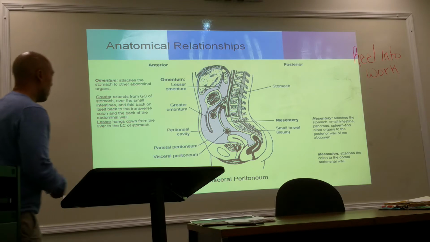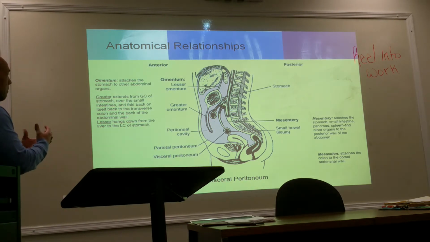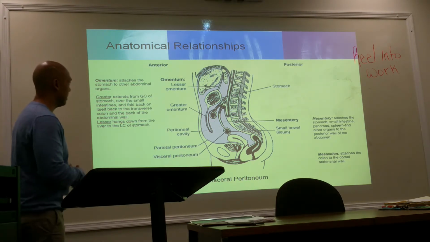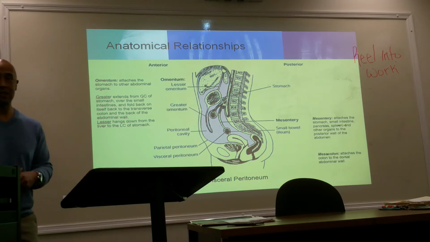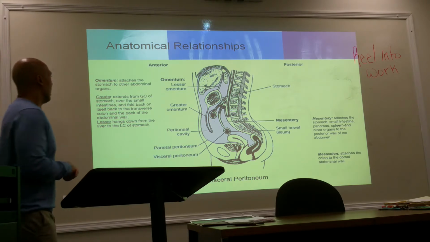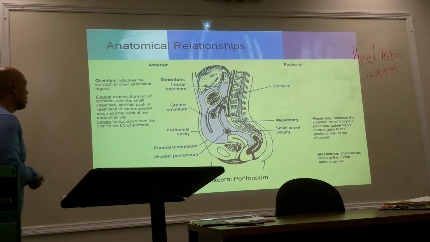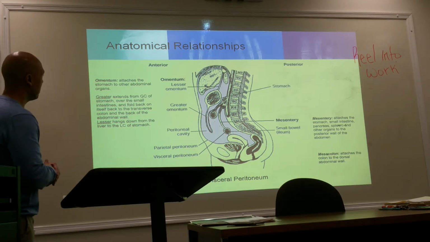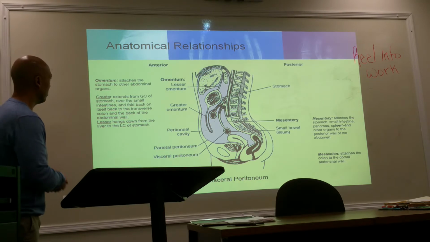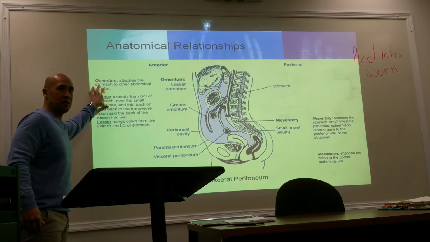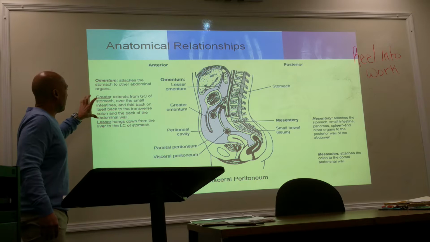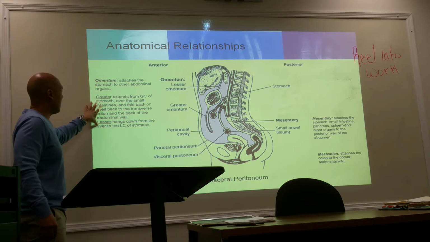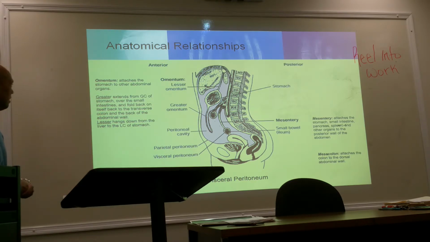The first part is what's known as the omentum. The omentum is the peritoneum. The omentum attaches the stomach to other abdominal organs. So this applies more to the stomach. It has a greater omentum, and it has a lesser omentum.